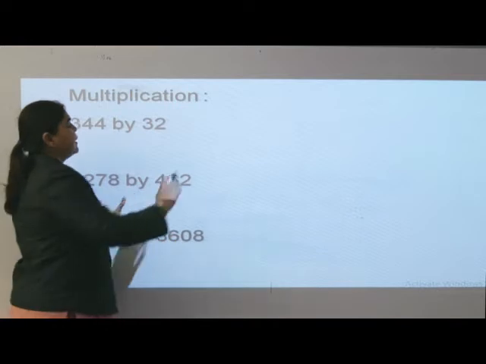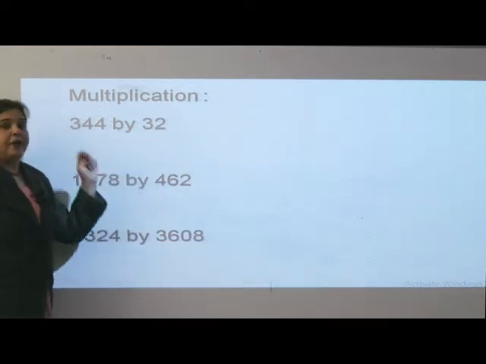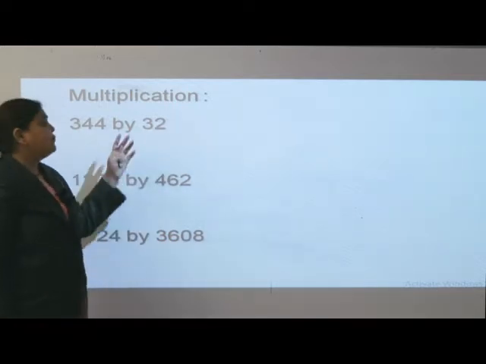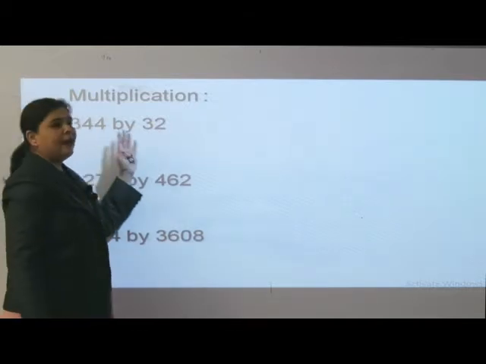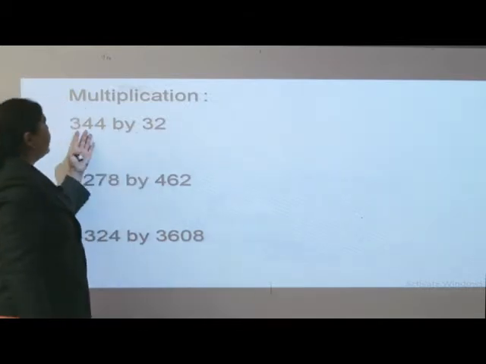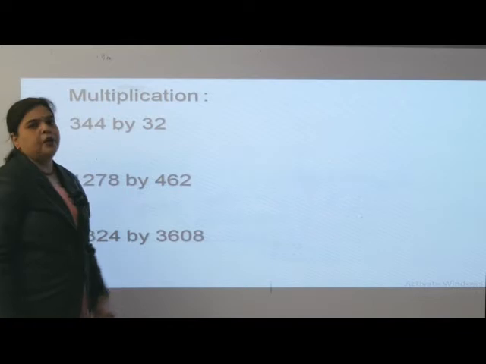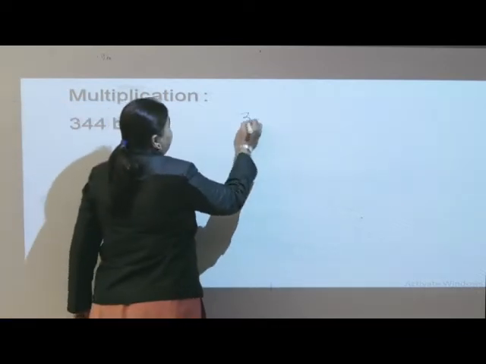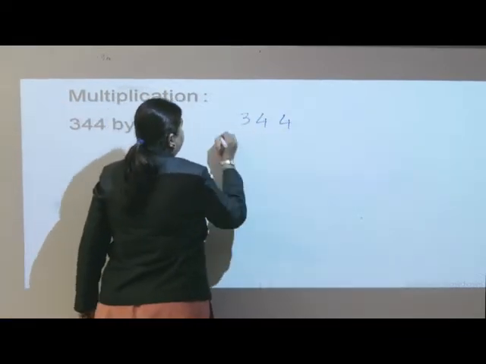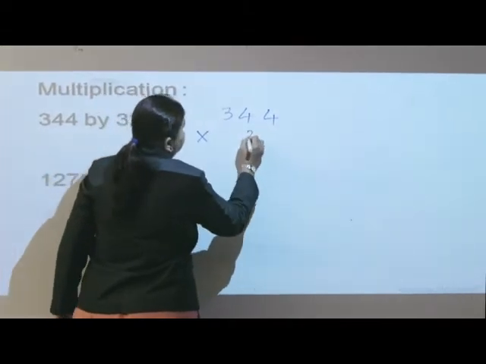Here I have given a simple example, because in the previous class you had studied a 2-digit number with a 2-digit number. Here I am giving a very simple example, a 3-digit number by a 2-digit number. One example we will solve here is 344 multiplied by 32.